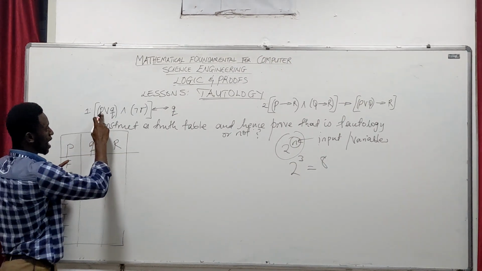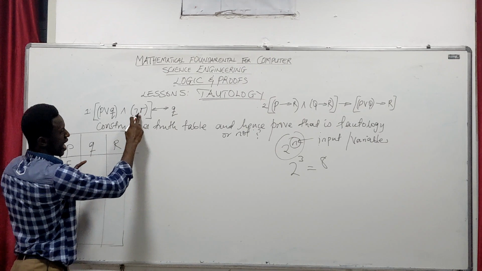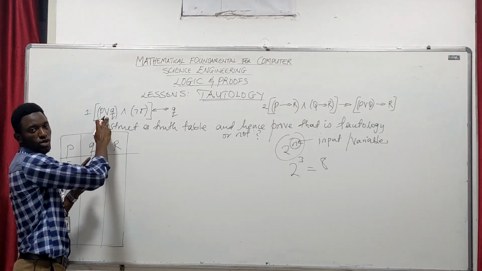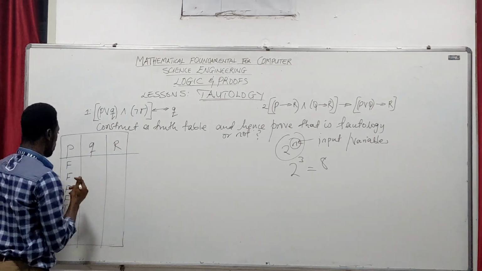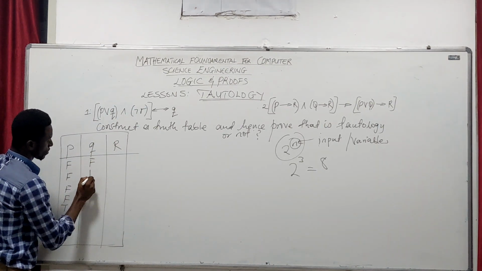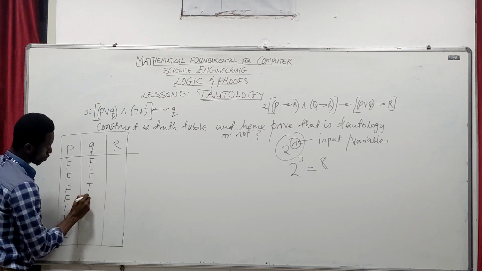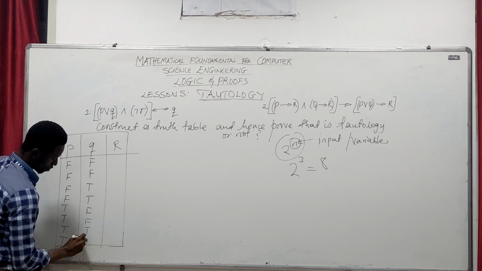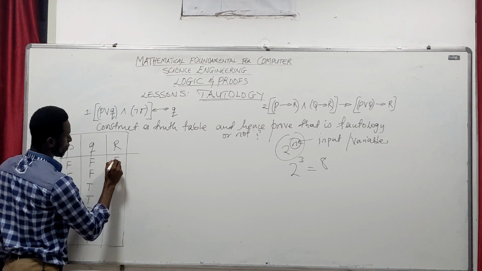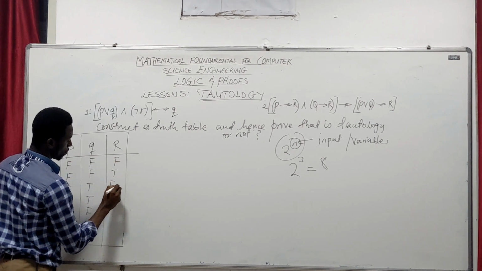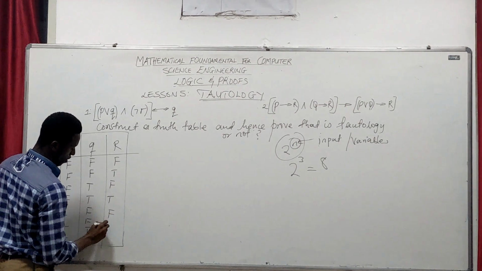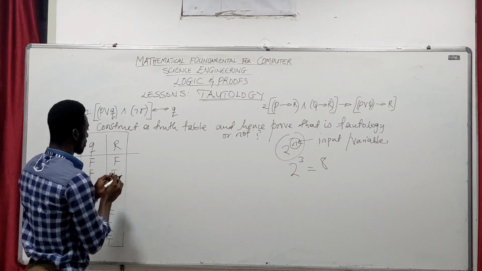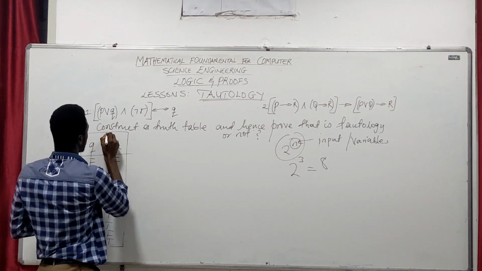We check from here P, Q, and R. Mind you, here is Q, but we already have Q here, so no need for us to repeat the Q again. Then here, false, false, true, true, false, false, true, true. And here we have false, true, false, true, false, true, false, and true. Okay?